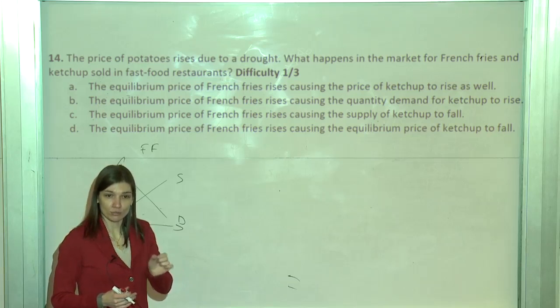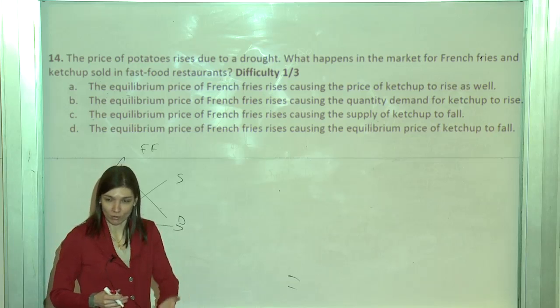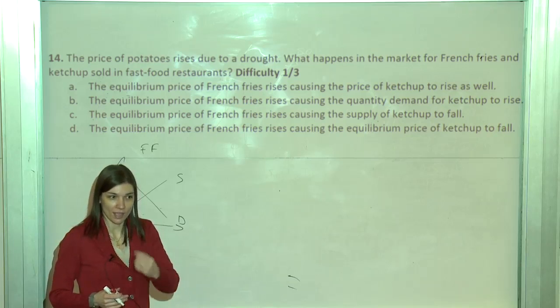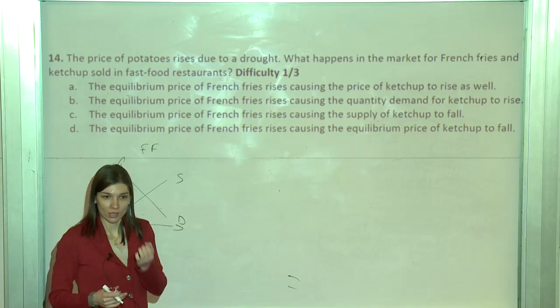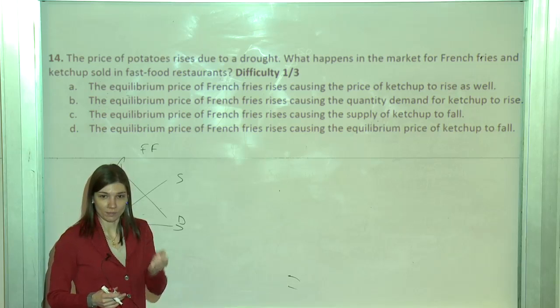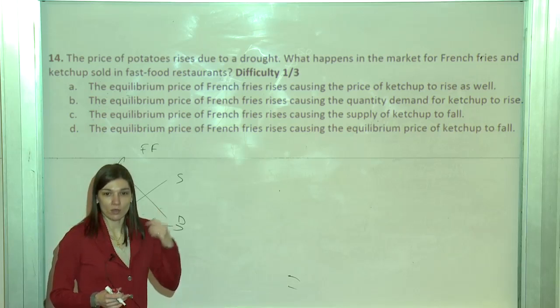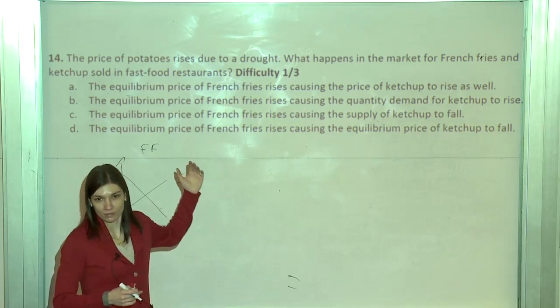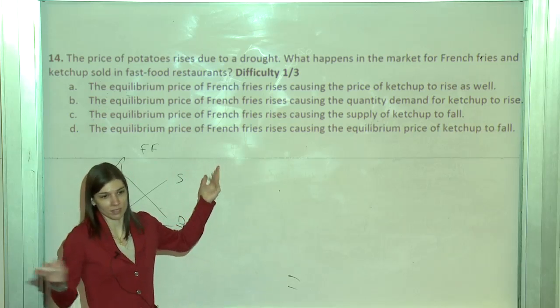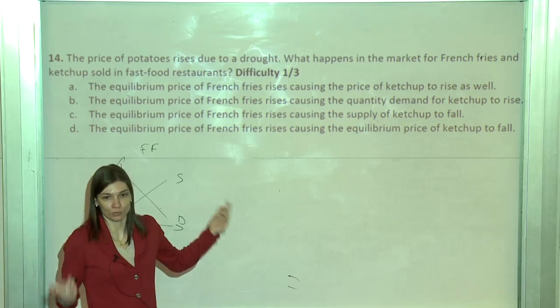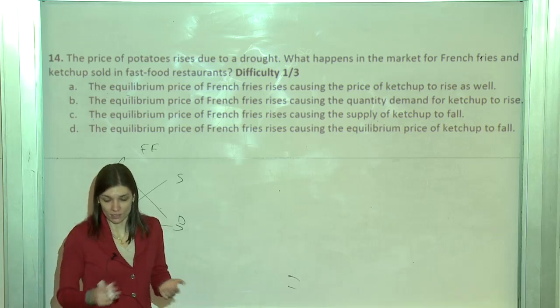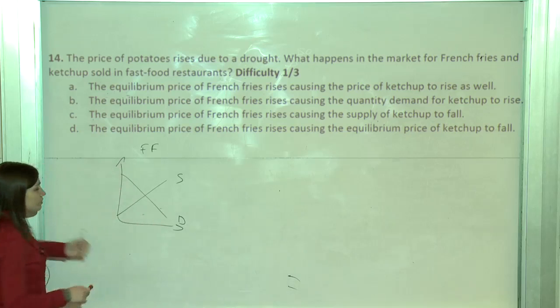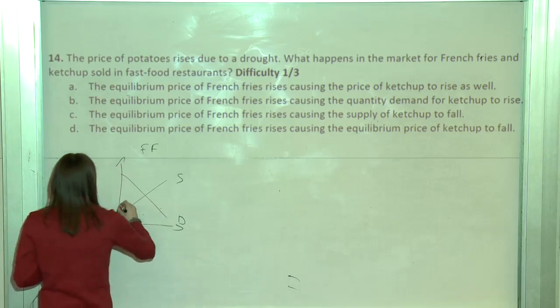When the price of a resource goes up, it's a resource in the production of French fries, okay? And if that price goes up, what's going to happen to this market? Supply going down, shifts to the left, right? Because now it's more expensive to produce French fries, therefore supply is shifted to the left.